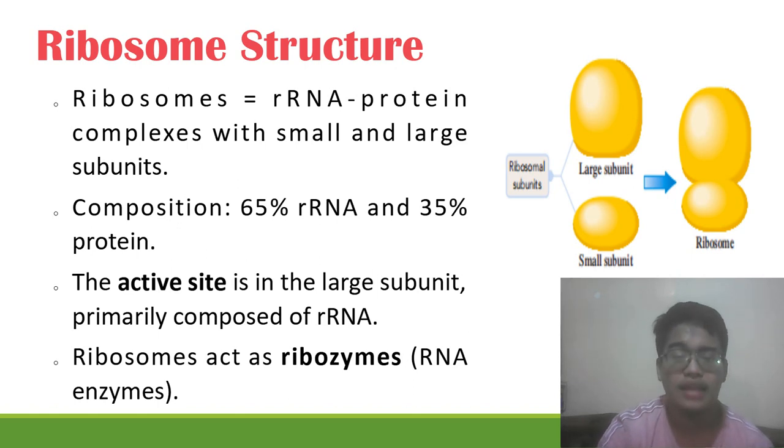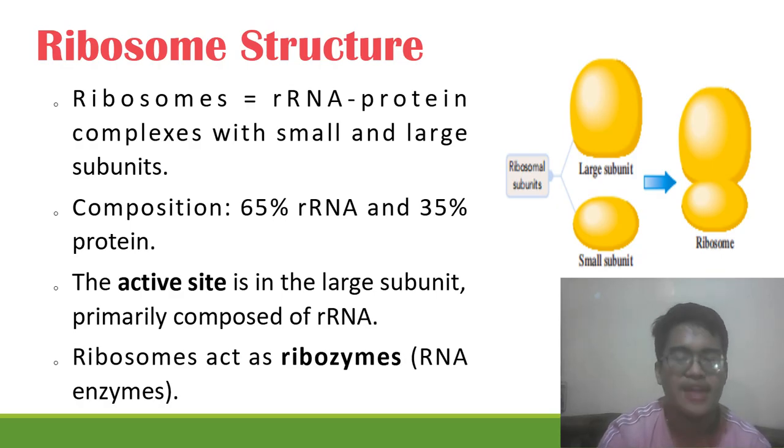Second, each subunit contains approximately 65% rRNA and 35% protein by mass. Third, a ribosome's active site, the location where proteins are synthesized by the one-at-a-time addition of amino acids to a growing peptide chain, is located in the large ribosomal subunit.